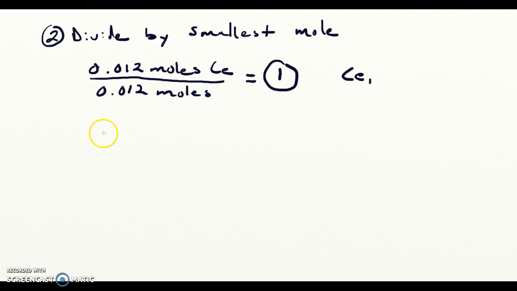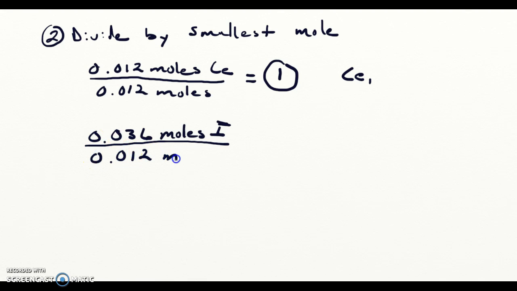And then iodine, we found that iodine was 0.036 moles of iodine. I'm going to divide it by the cerium moles because it is smaller. If you look at this, it's really 36 divided by 12.